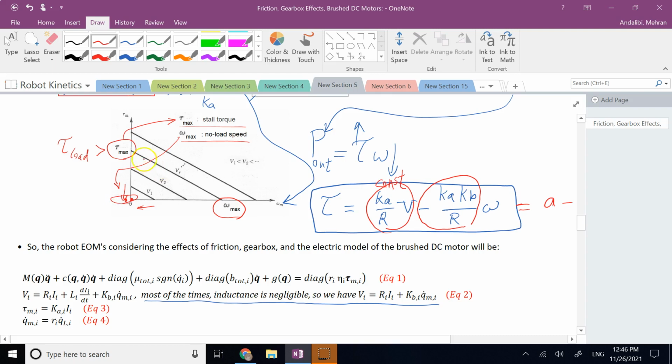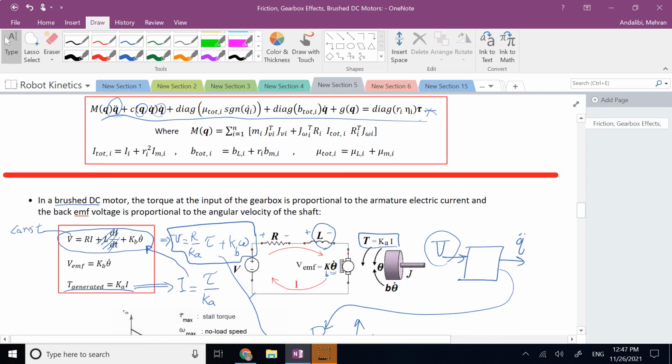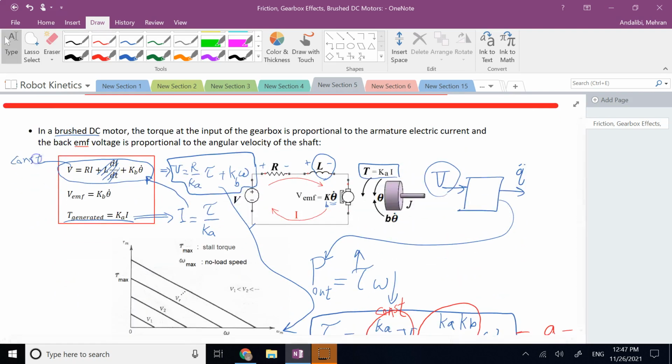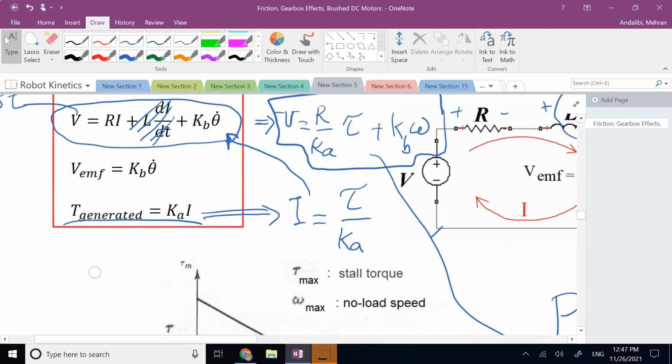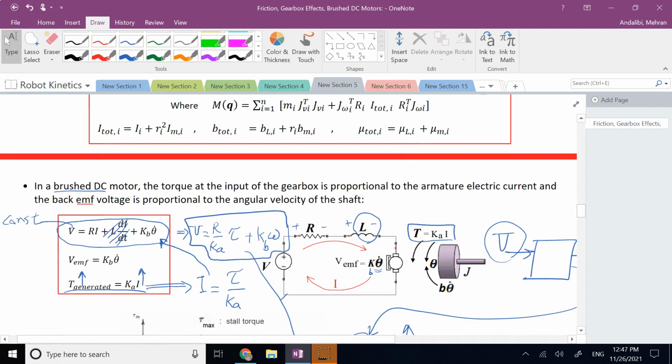On the other hand, you do not want to drive a motor very close to the stall torque, because if you look at the equation of the torque, more torque means more current. And the more current you try to get out of this electric circuit, if you don't pay attention, you can easily burn the electric components and make the circuit dysfunctional.